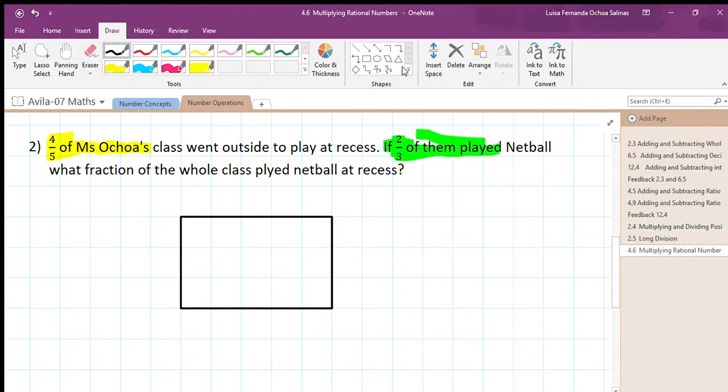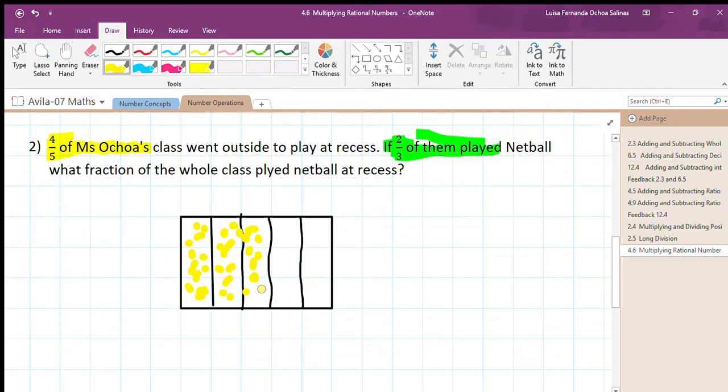That is the bit here that I have. So 1, 2, 3, 4, and 5, and I'm going to shade 4 out of these 5. I'm going to do it with dots because maybe that will be easier for us to see later when I'm shading it twice.